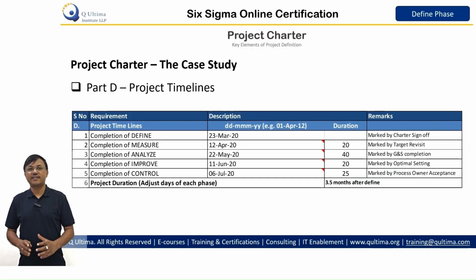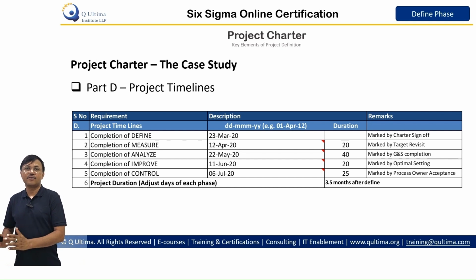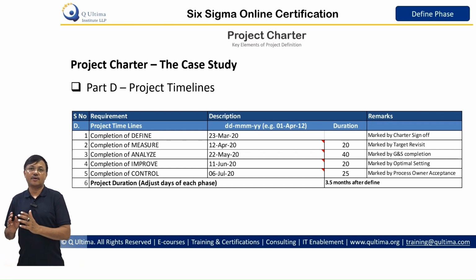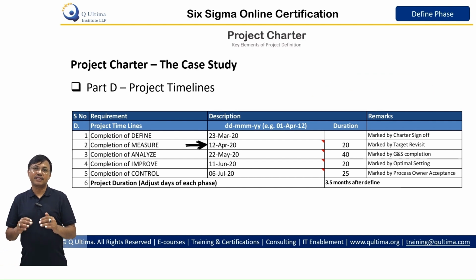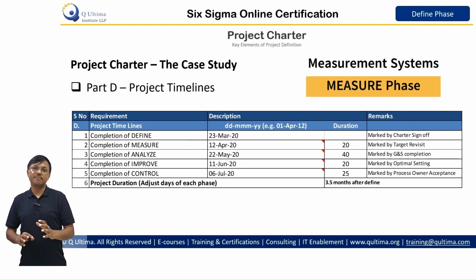Fourth part of the charter consists of timeline and sign off from the key people or key stakeholders of the project. The timeline basically starts as the define phase gets complete. Basically, define phase is the declaration that we are going ahead with the project. The measure phase typically takes 20 days, but it may get extended if measurement systems for the project metrics are weak.